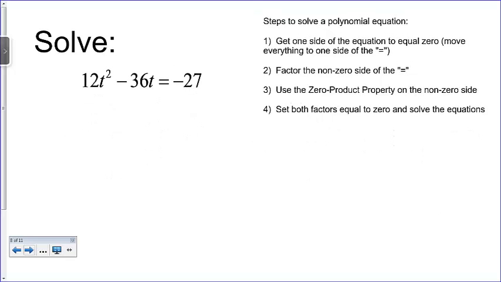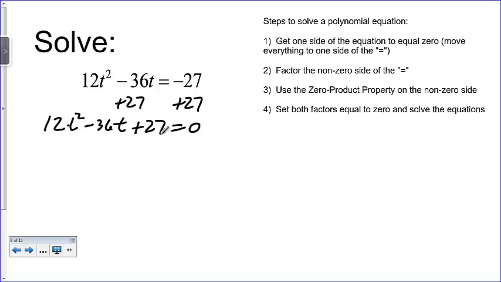Look at this one. So this is going to involve another layer, which you're going to see here momentarily. First step, get one side to equal 0. So it looks like it's going to be in our best interest to move everything over to the left. So let me add 27 to both sides. So that leaves me on the left side with 12t squared minus 36t plus 27.